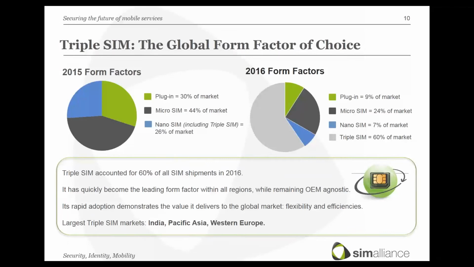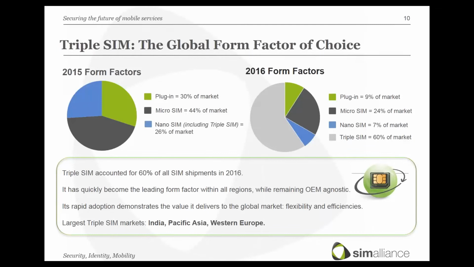Two reasons for triple SIM being this successful: one, it's definitely convenient for customers, so you don't have to order the right format, and it's massively efficient for the MNOs. So they save a lot of money in the logistical supply chain.